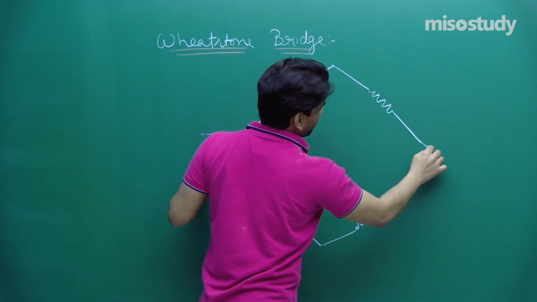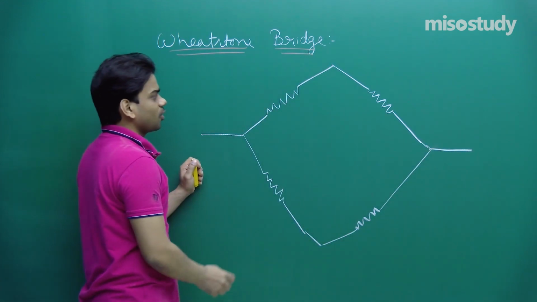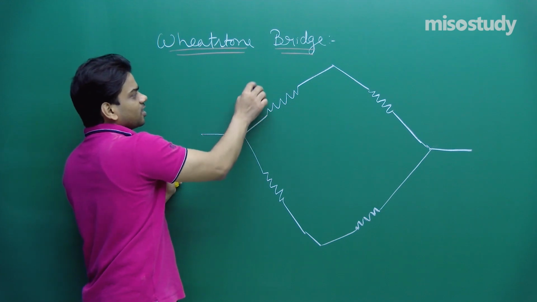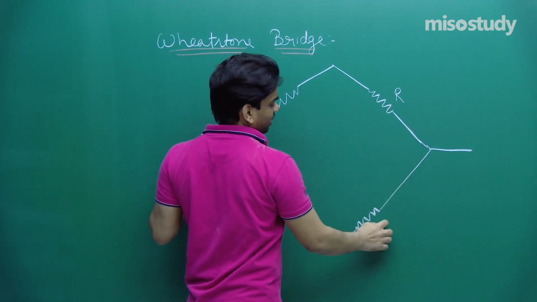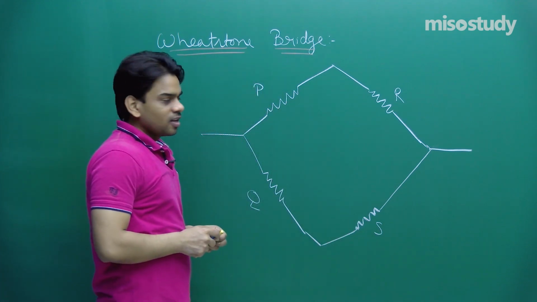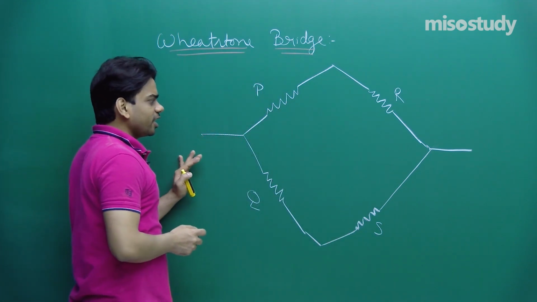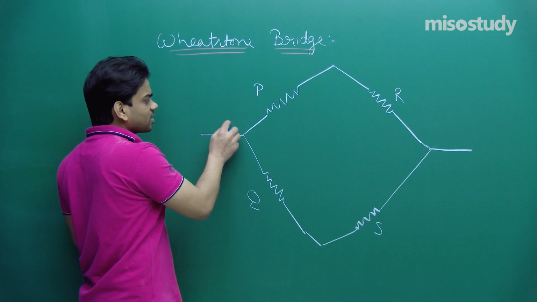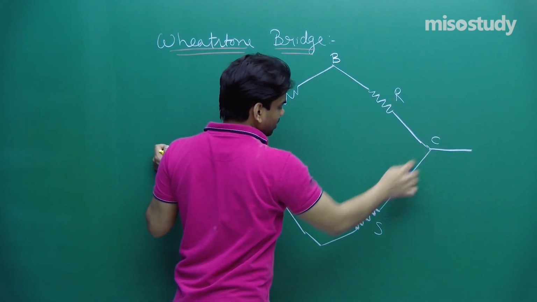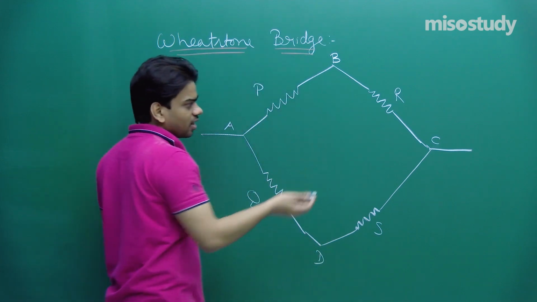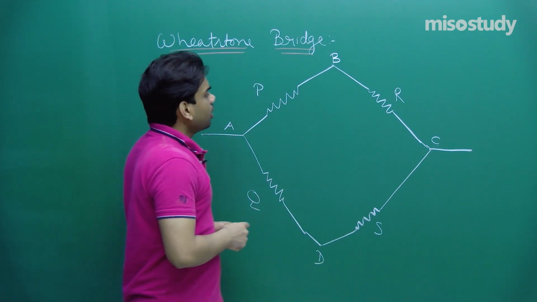I hope that you can make out that this is how the 4 resistors are connected. Let's say the resistance values are P, Q, R, S. Now if I mention the names of the terminals, let's say this is terminal A, this is B, this is C, this is D. A, B, C, D are the ends of the terminals.